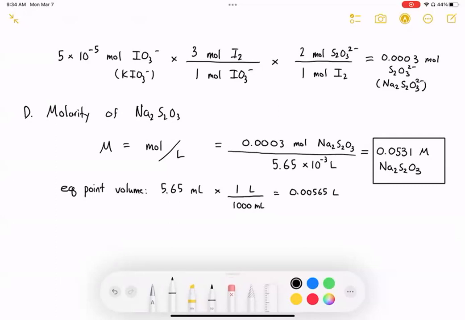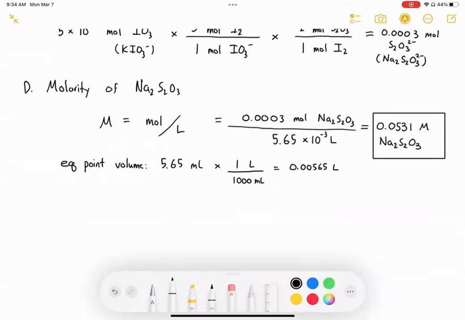Okay, so repeat these calculations for all 3 trials for part 1.